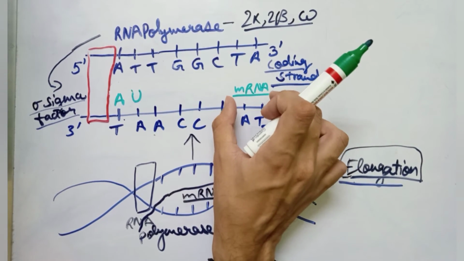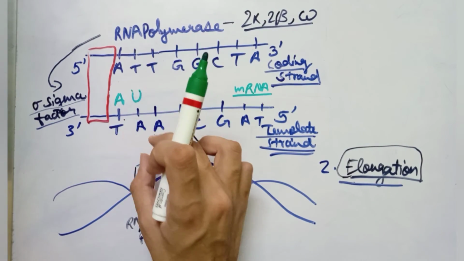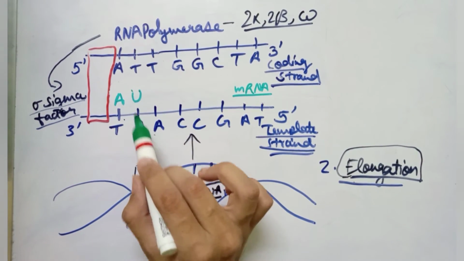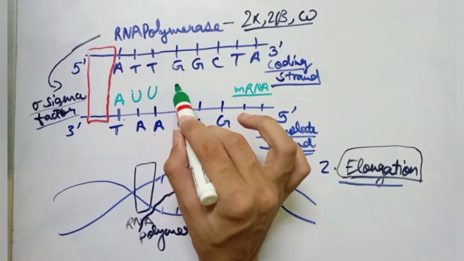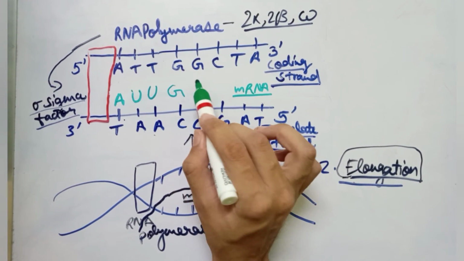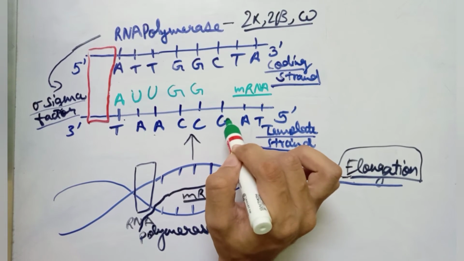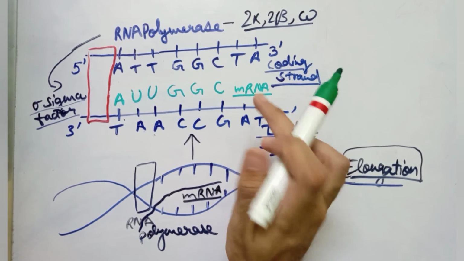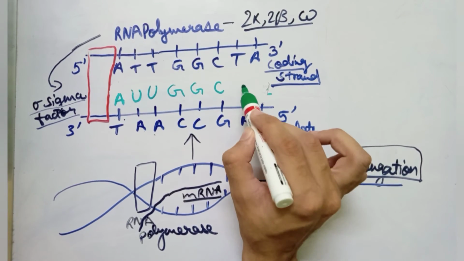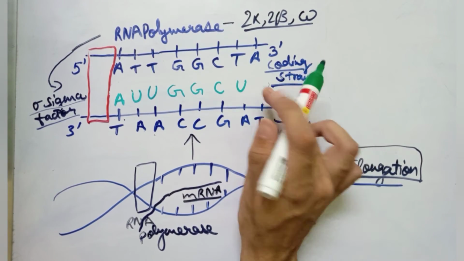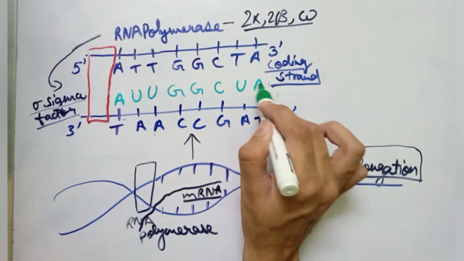In RNA there is only uracil present instead of thymine. So here uracil will come, and again uracil will be coded. For cytosine, guanine will be coded, and again guanine will be coded, and for guanine cytosine will be coded, and for adenine again uracil will be coded, and for thymine again adenine will be coded.